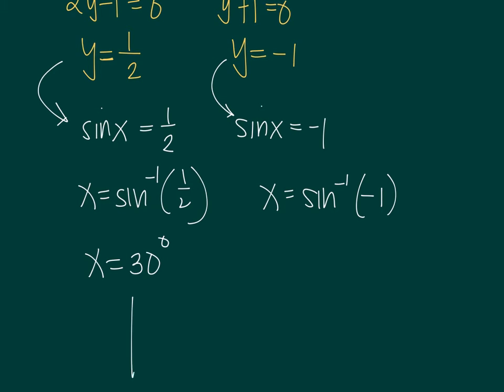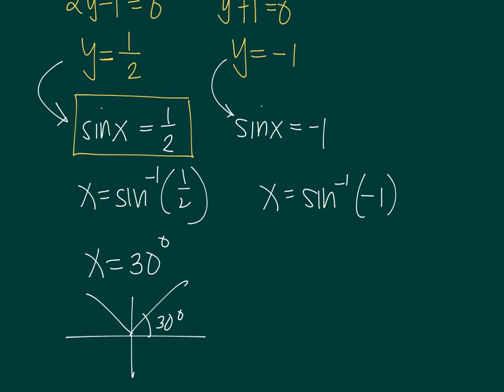Note, there is another possible value for x. So this is 30, and the sine is a positive 1/2. This means the angle can also be on the second quadrant because sine is positive here. We find the angle on the second quadrant with the reference angle of 30, and that angle should be 150 degrees.